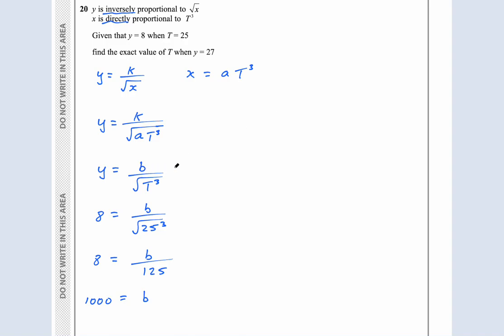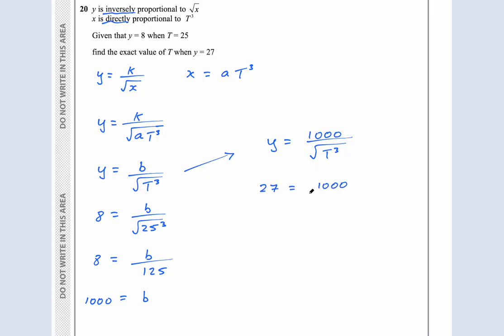So now I can come back to here and say, right, b is 1,000, so y is equal to 1,000 over root t cubed. And he says, okay, as if this isn't hard enough, find the exact value of t when y is 27. So I need to find t when y is 27. So I'm going to sub 27 in for y.